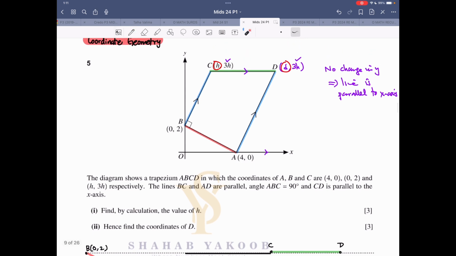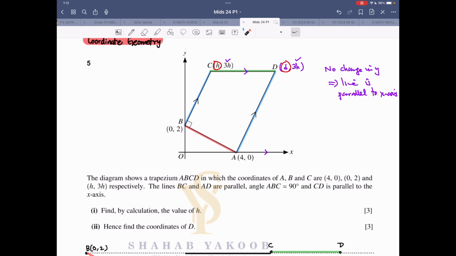Now let's think. First of all, these two are known. I can find the equation of AB, negative reciprocal because of the property of perpendicular lines. I can find the equation of BC. I can either find this equation, find the coordinates of C by plugging in x and y, or use this coordinate and the gradient formula. I'll find the value of h.